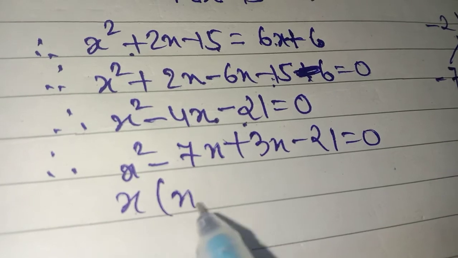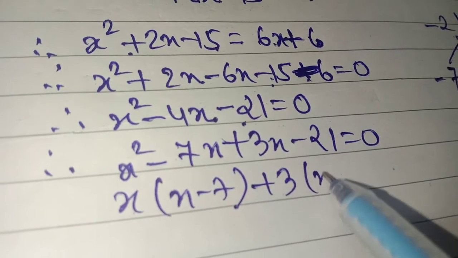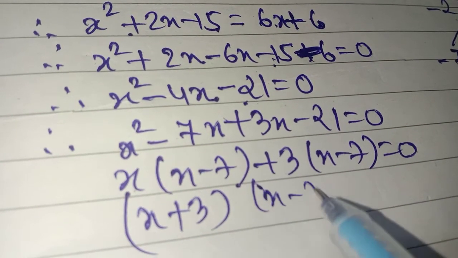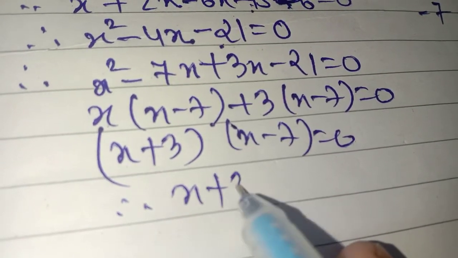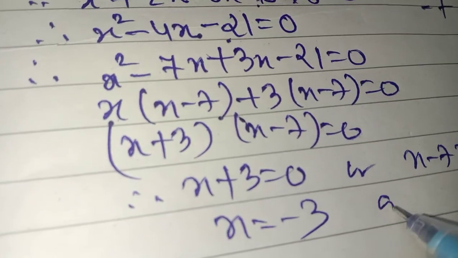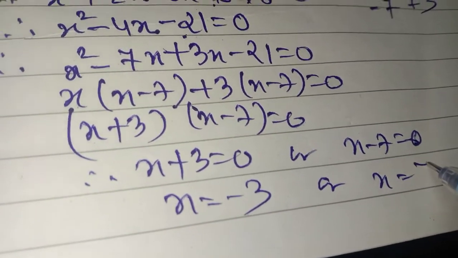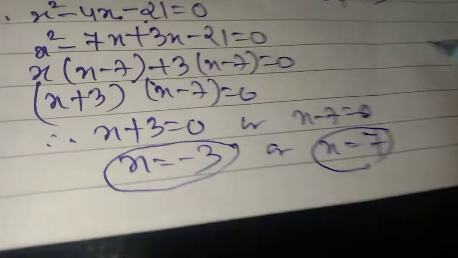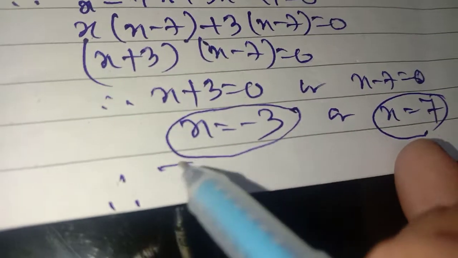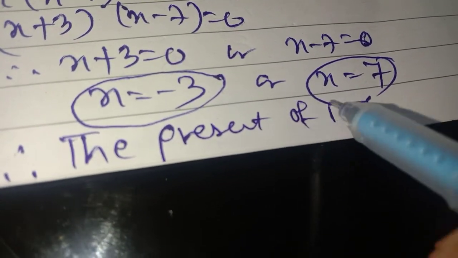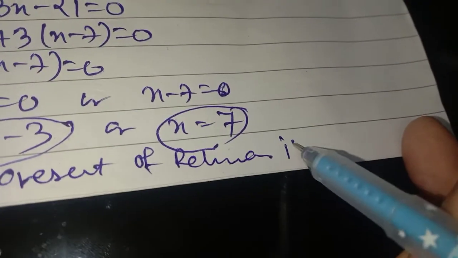So x into x minus 7 plus 3 into x minus 7 is equal to 0, so x plus 3 times x minus 7 is equal to 0. Therefore x plus 3 is equal to 0 or x minus 7 is equal to 0, so x is equal to minus 3 or x is equal to 7. Age cannot be a negative value, so x is equal to 7. Therefore the present age of Rahman is 7 years.